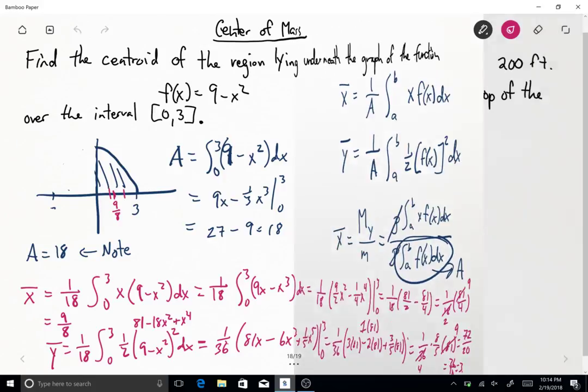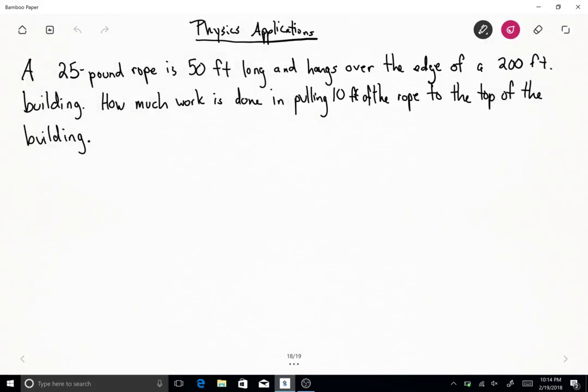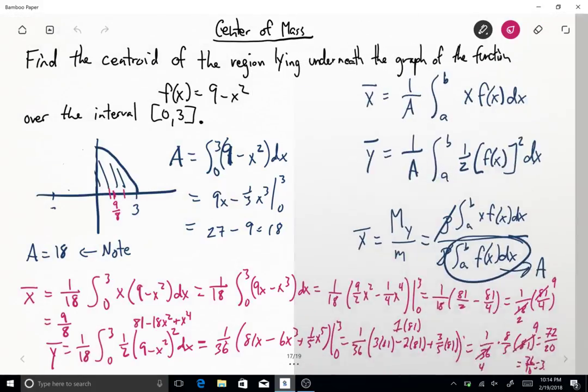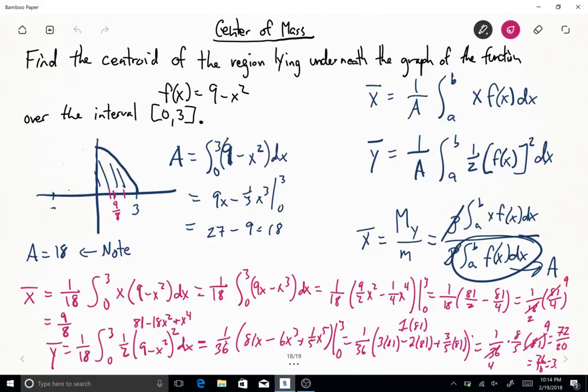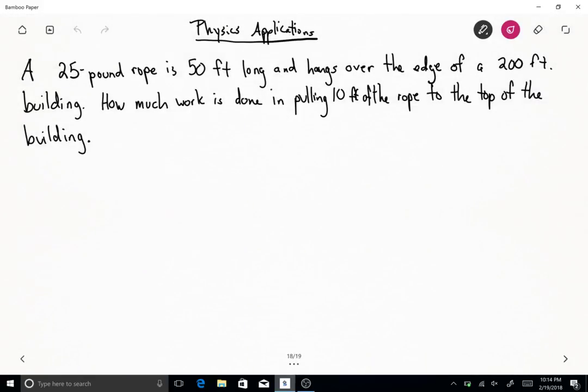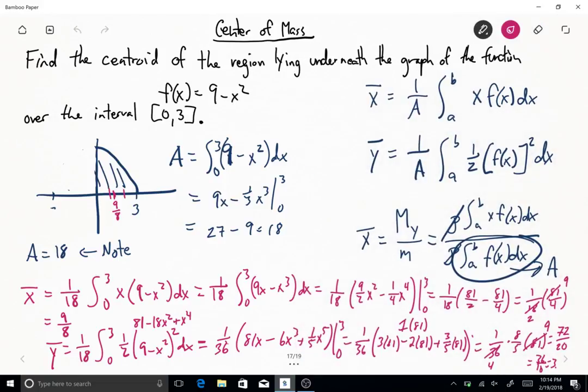Let me come back here. Let me do it this way. So that thing equals 3.6, just so you can see.